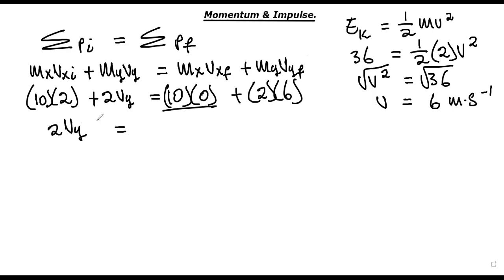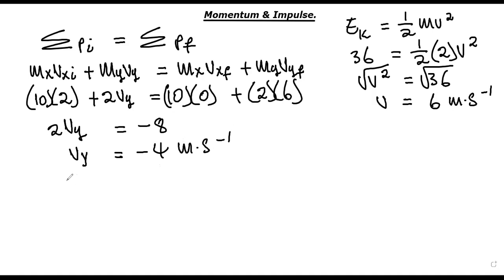Well, 10 times 0 will just be a 0. 2 times 6 will just be 12. 10 times 2 will be 20. So if I take 20 to the right, it becomes negative. 12 minus 20, we get negative 8. After dividing both sides by 2, it means Vy will be negative 4 meters per second.